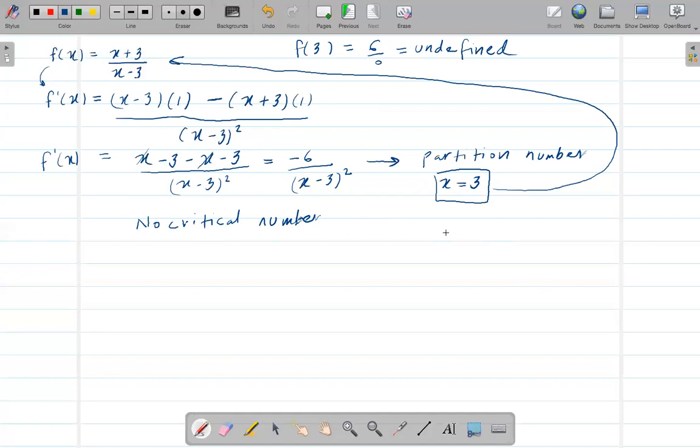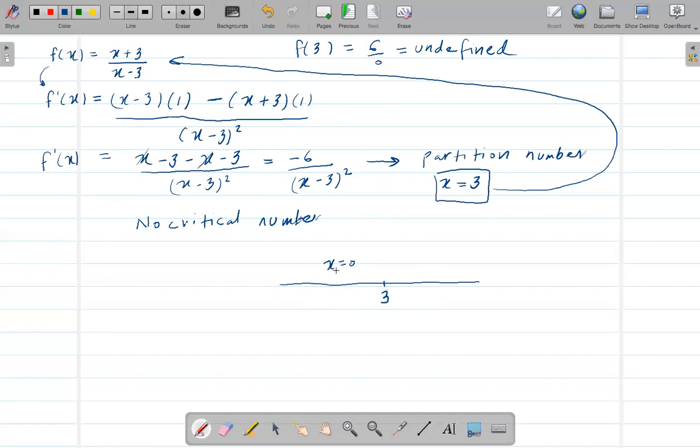All right. So now after this, what we can do is make a sign chart, and this is a partition number, but this is not a critical number, right? Now, I have to find which side is going to be positive and which side is going to be negative. When I pick any point on this region, let's say x equals 0, and plug this into f prime, to find if you get positive or negative.